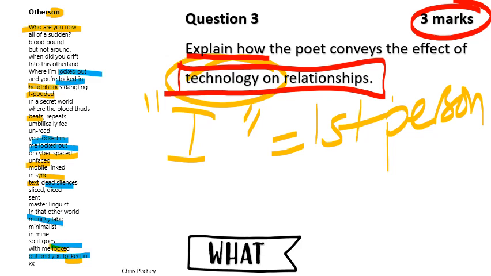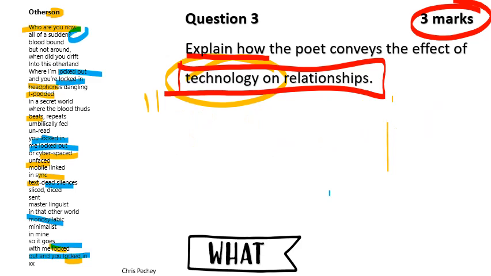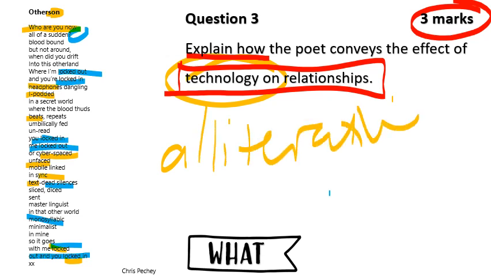We can see that there's a rhetorical question at the beginning. We can see that there are lots of sound devices being used here. So you can identify the alliteration, particularly in blood bound, but not around.